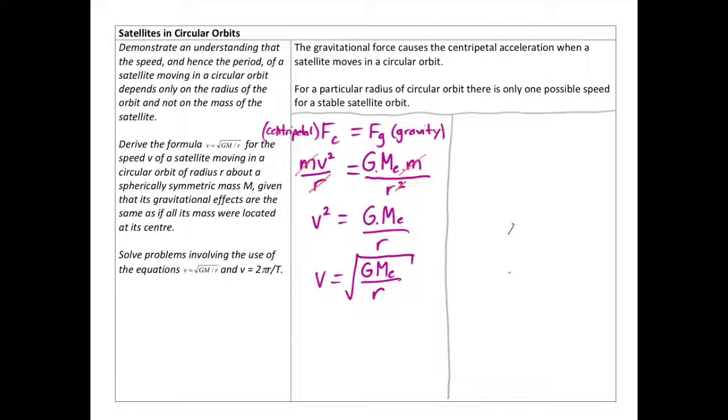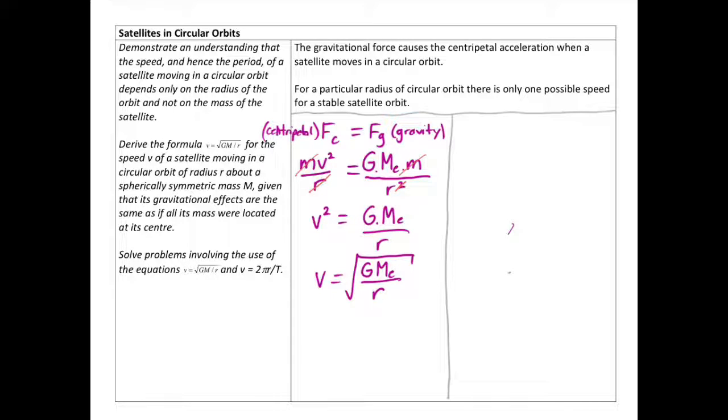The mass of the satellite is not a term in this equation. It cancelled out at this stage up here. So the mass of the satellite is going to have no effect on the velocity. The only things that affect the velocity of the satellite are the mass of the planet that it's orbiting around and the radius of the orbit.